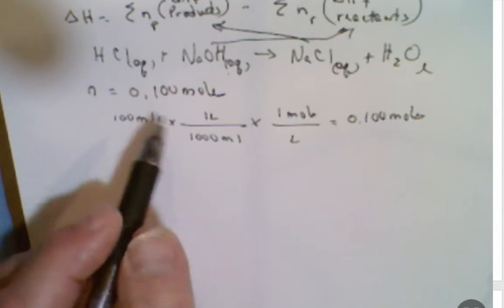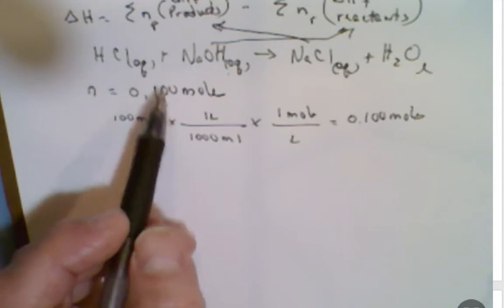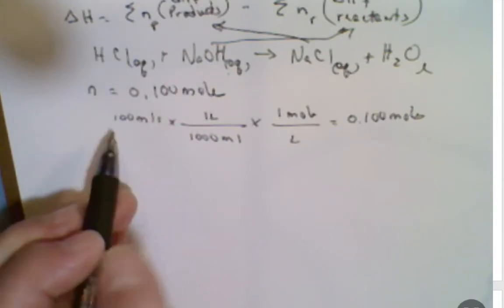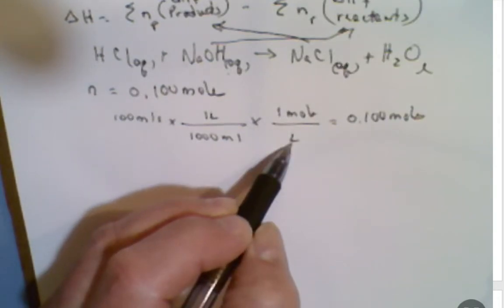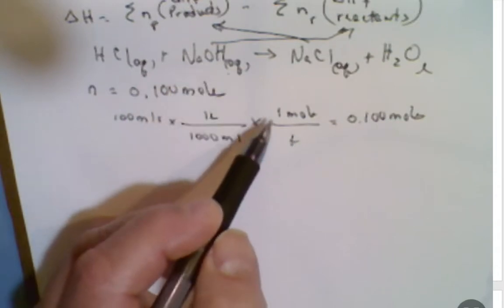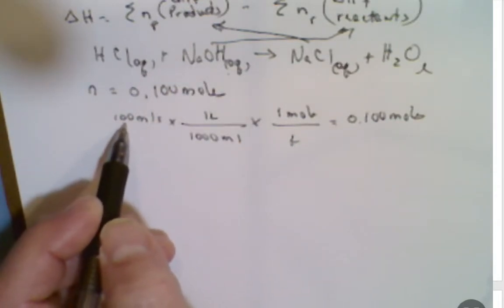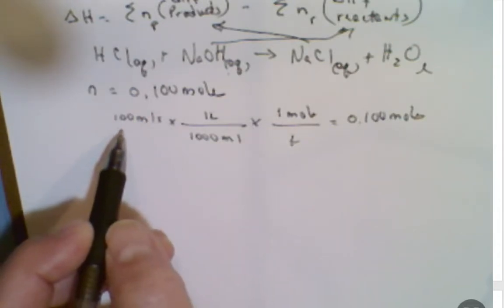So we had 100 milliliters of 1 molar sodium hydroxide and 100 milliliters of 1 molar hydrogen chloride. And so if I know that I have 1 mole per liter, like 1 molar sodium hydroxide, if I have 100 mils of it, that's going to be a tenth of the number of moles. Another way to do that is to write it out this way: 100 mils.